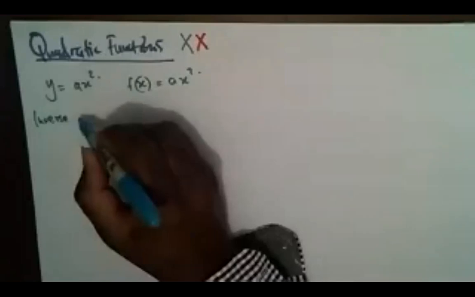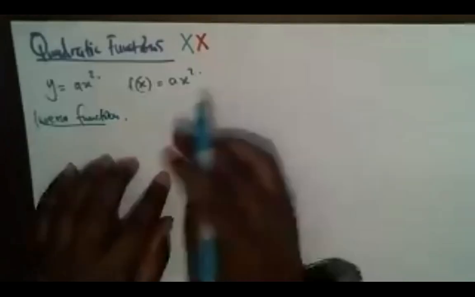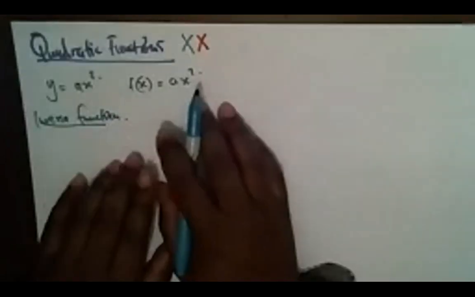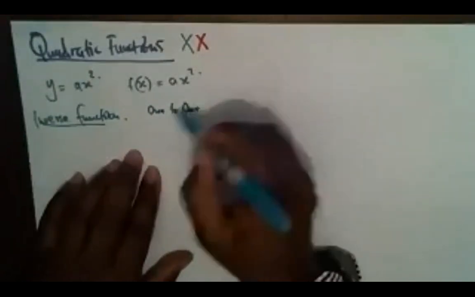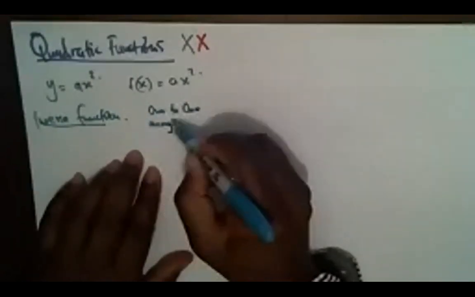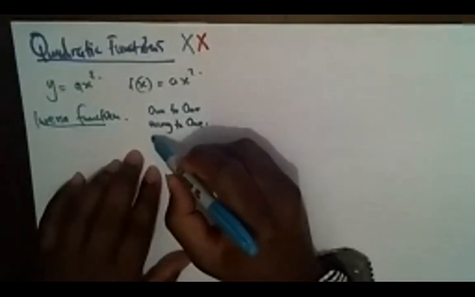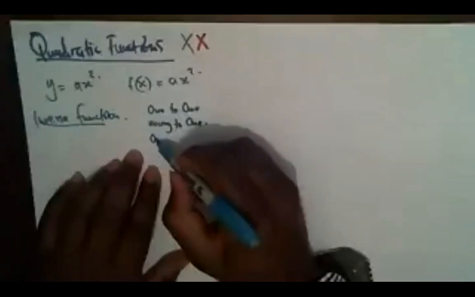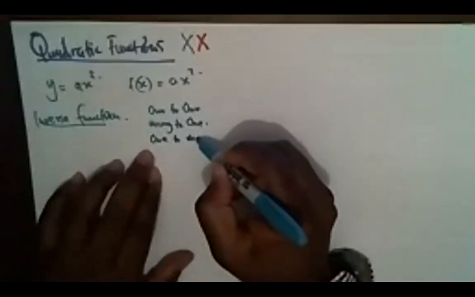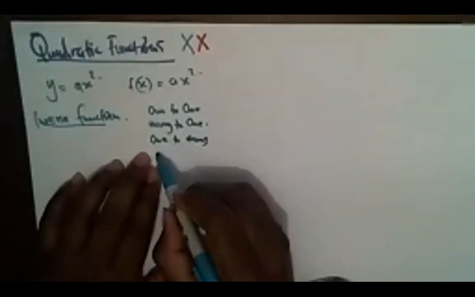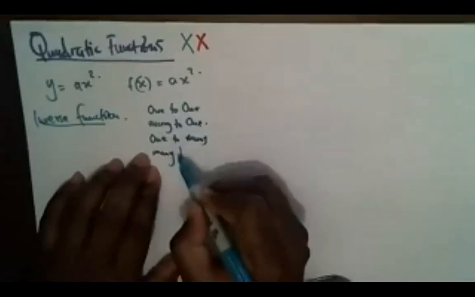Inverse functions. And remember our mappings. We have a 1 to 1, a many to 1, a 1 to many, and a many to many.